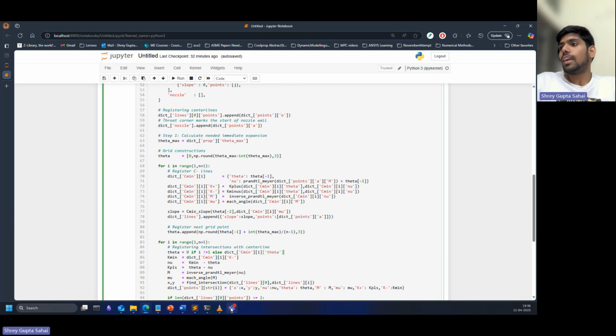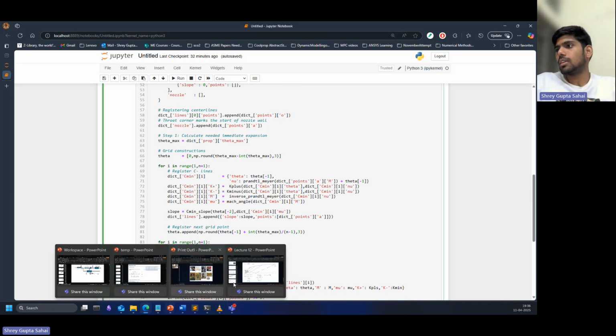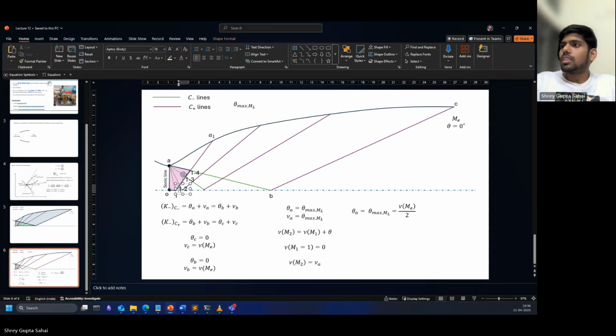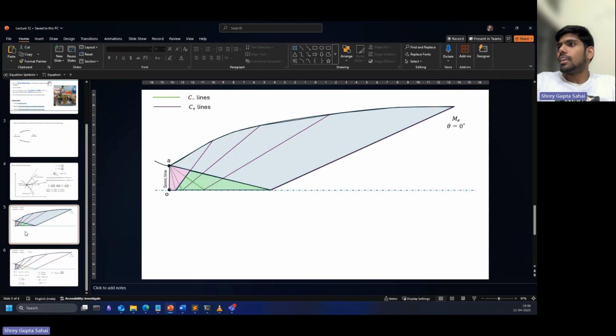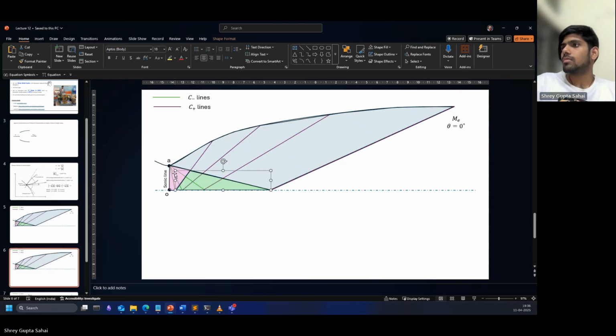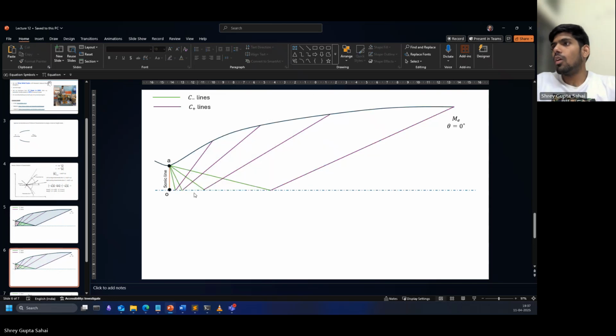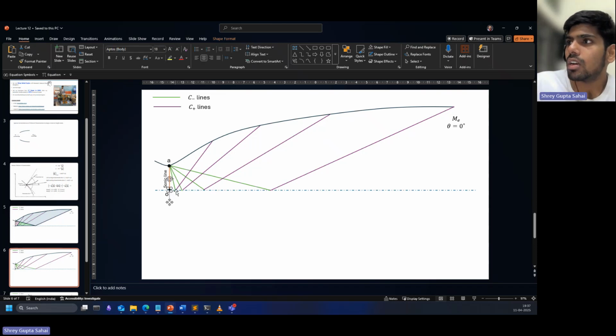Now, how do you find the intersection points? Let's go back. The way you find intersection points is: along a C minus line, K minus is a constant. Along the center line, theta is a constant. Theta is 0.